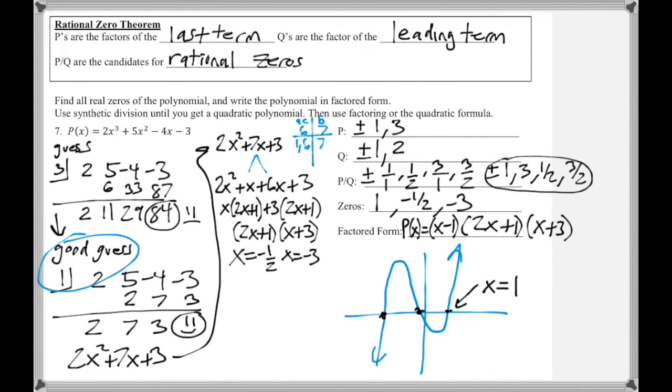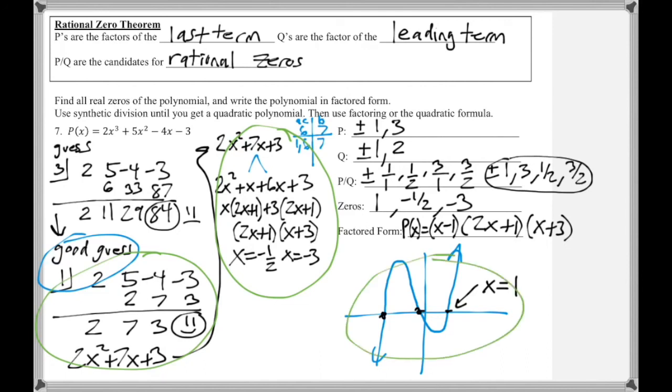So again, long story short, you can use the calculator to make good guesses by finding out where the x-intercepts are, but you still must show the synthetic division and then the factoring or quadratic formula. Not only because we're just practicing this method, but also because on future problems the graph will not be able to help us on everything.